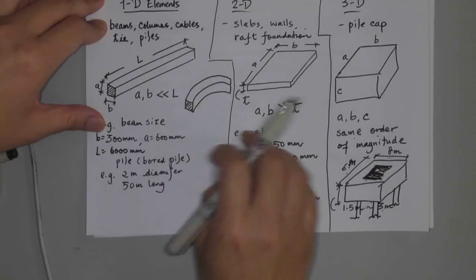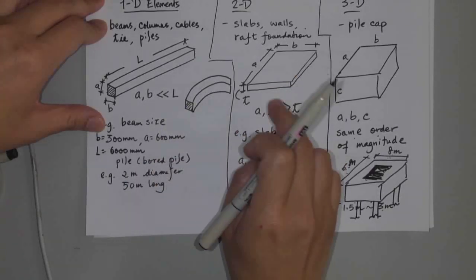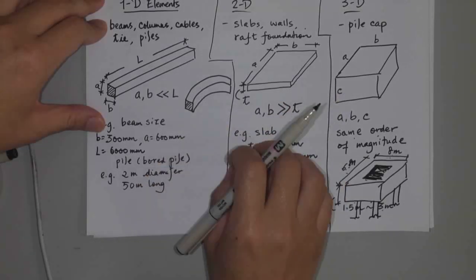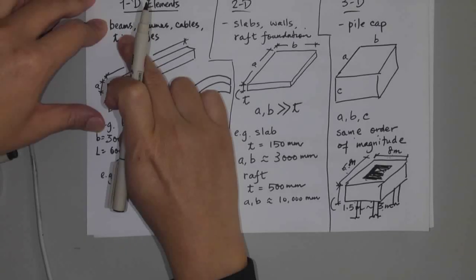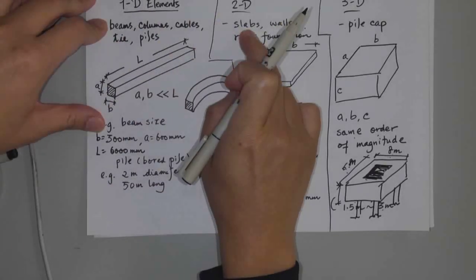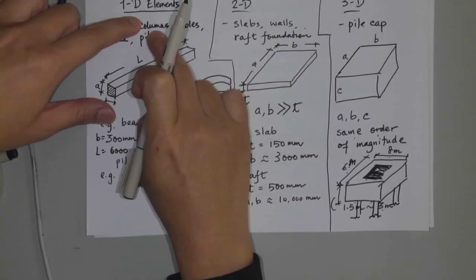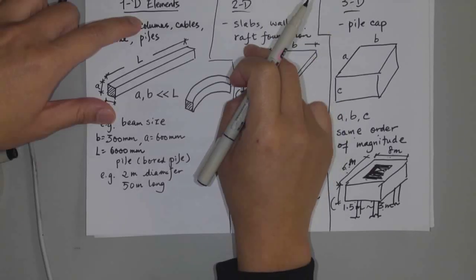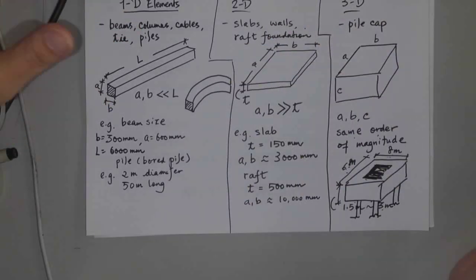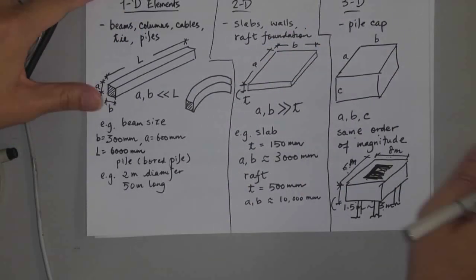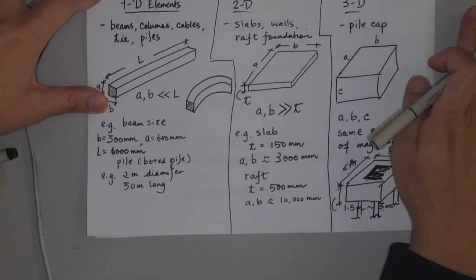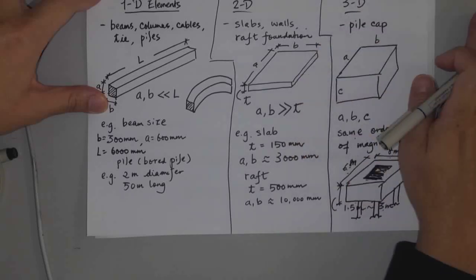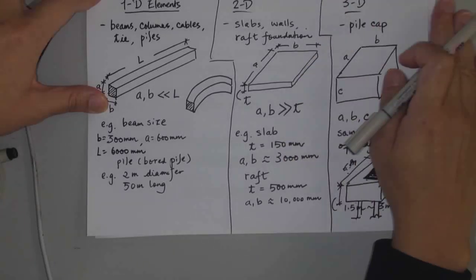The only difference is an additional dimension, but the principles are exactly the same. So if you know how to do a beam, you know how to do a slab. If you know how to do a column, you know how to do a wall or a raft. Same thing. But 3-dimensional elements like the pile cap are different. This one is an exception. They have a different set of principles.